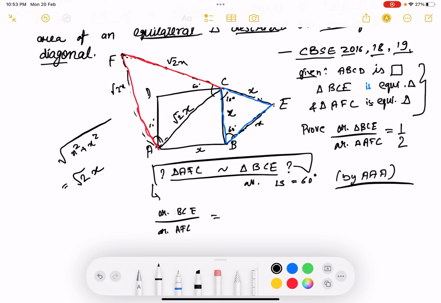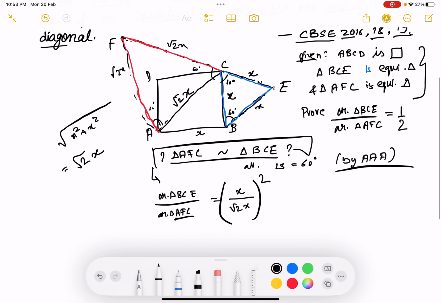So if one side is x and this side of triangle AFC is root 2x, then x over root 2x whole square will be equal to 1 by 2. Hence we have proved our final result.